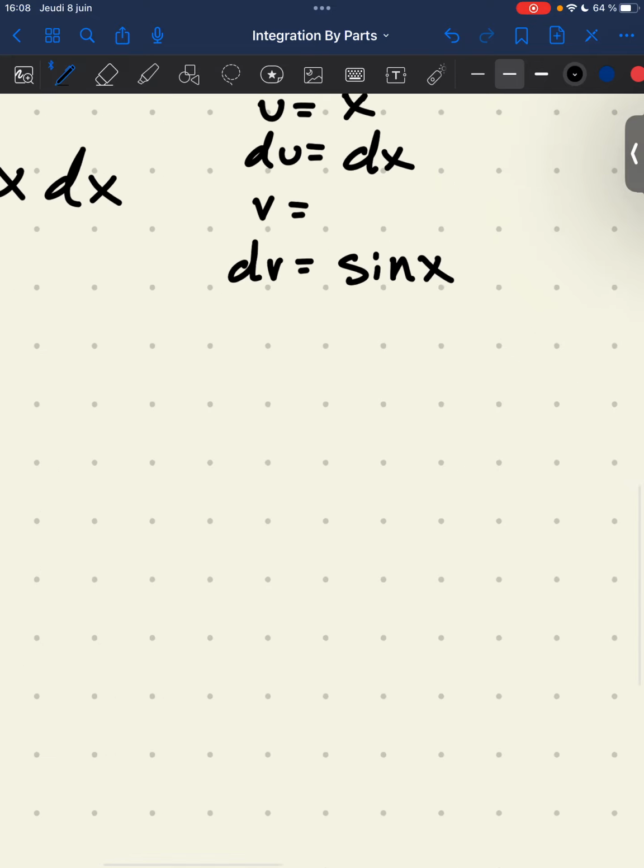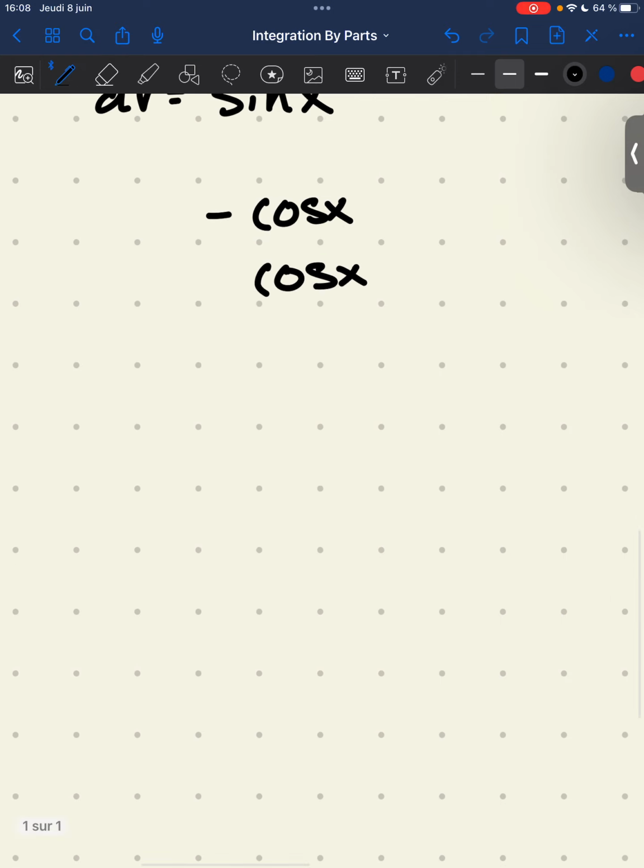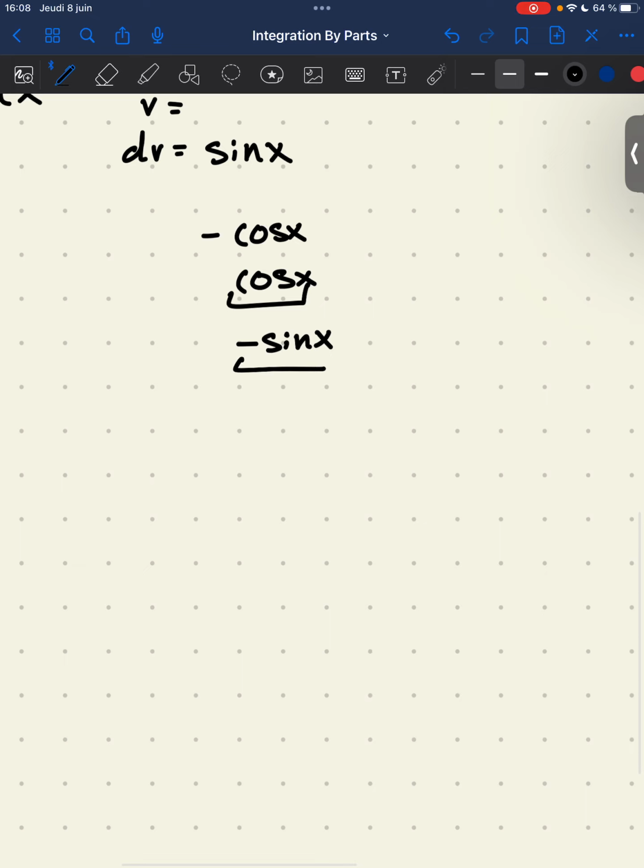Now this one you have to be a little bit careful. What is the integral of sine x? It is negative cosine of x. One might think it's actually cosine x, but that is incorrect, because if you were to differentiate cosine x, it would give you negative sine x. So the only way you would be able to get a positive sine x is if your cosine was originally negative.